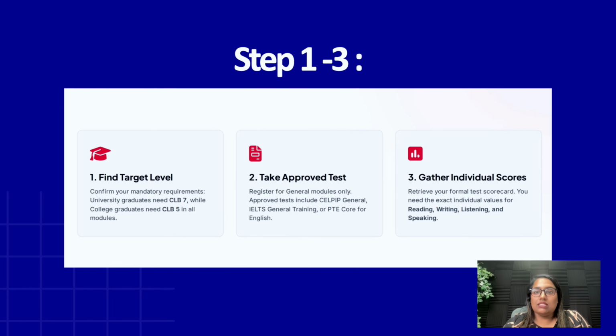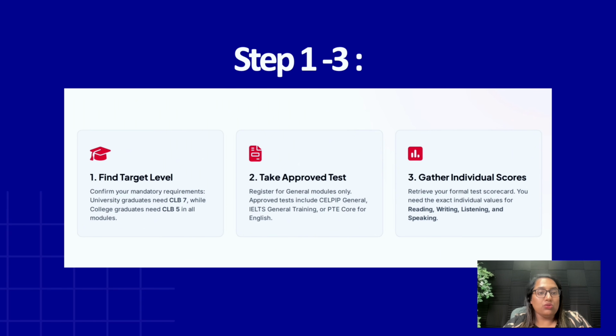Basically, what is the first step you need to look at when you decide to write your language test, which is mainly for the postgraduate work permit? First is to check your CLB level. As per the requirements, well, it's not new, it's been around for almost a year now. Confirm whether you are a university graduate.